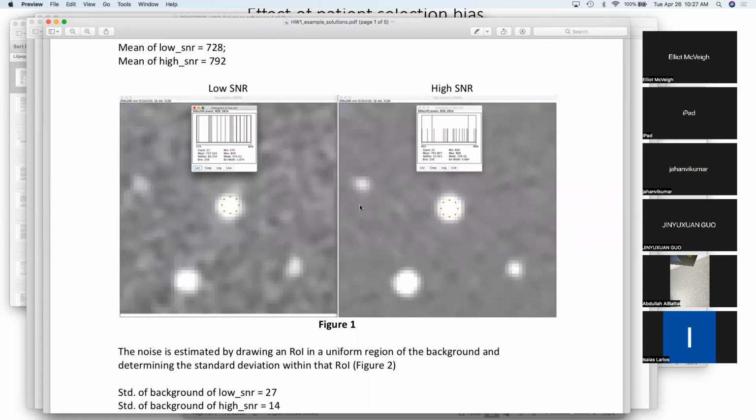Really, it should be called contrast to noise, where this signal level is some value, and this signal level is some value, and we look at the difference between those two values divided by the root mean square deviation of the noise. Okay.